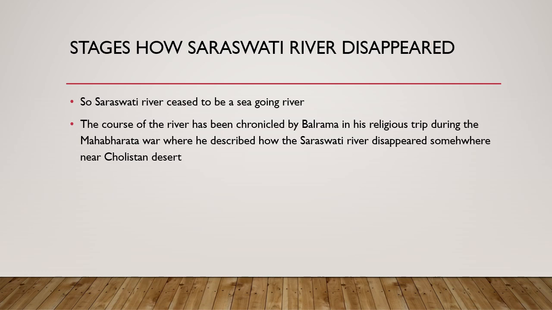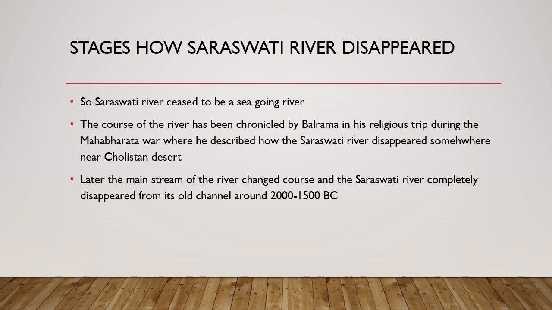He describes the Saraswati river disappears somewhere near the Cholistan desert in a place called Vinasana. Later on, after all this, the main stream of the Saraswati river also changed its course, and this made Saraswati river completely disappear from its old river channel, and this happened around 2000 to 1500 BC.